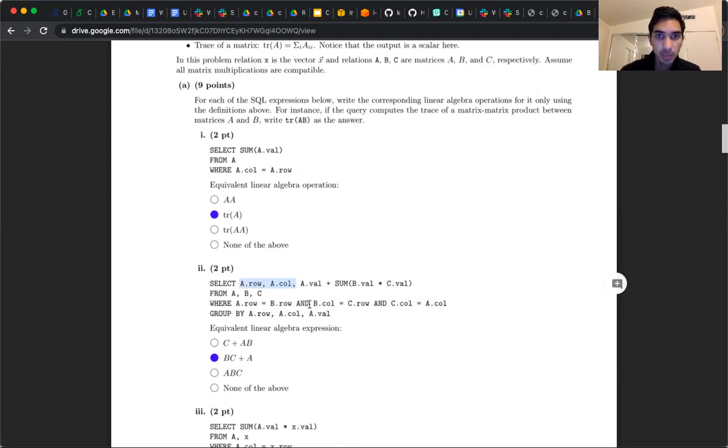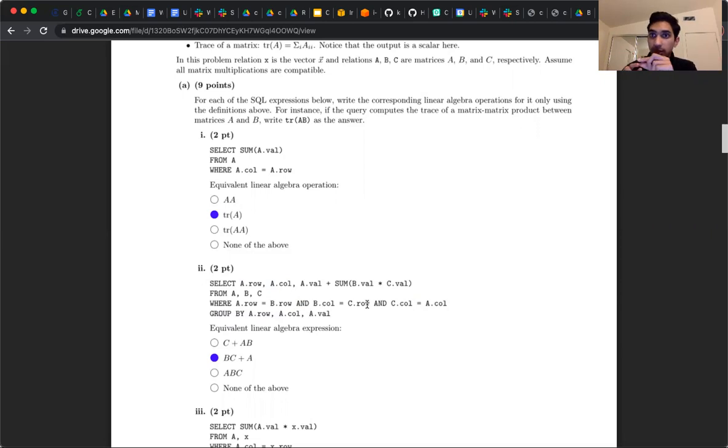So we have this B dot col and C dot row that we're doing an equality of. What this is doing is essentially saying in this matrix multiplication, B's rows, each of those column values, and for C's columns, each of those row values need to be matched together.